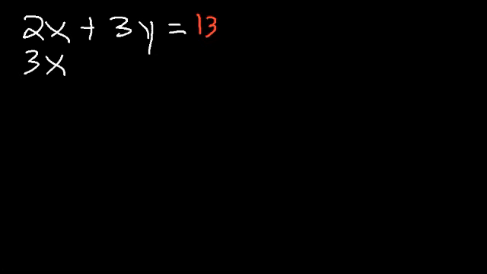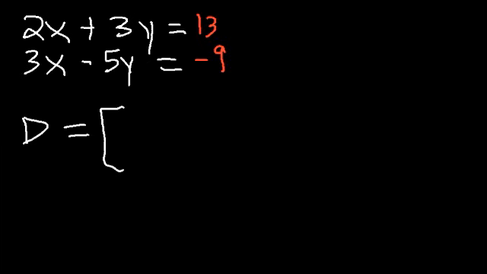Now let's try some examples. Let's say we have the equations 2x plus 3y is equal to 13, and also 3x minus 5y is equal to negative 9. Let's calculate dx, dy, and d, but let's start with d first. The 2x2 matrix for d is simply the coefficients on the left.